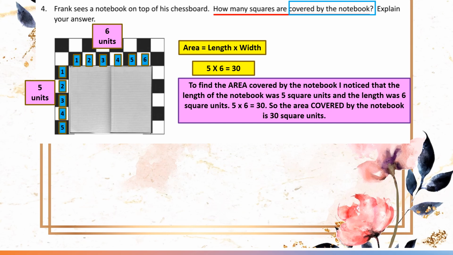So the area covered by the notebook is 30 square units. Now you may want to go ahead and pause the video to make sure that you have your numbers written out as well as your complete sentences to write your answer in words. Make sure all that's written out on your homework. So make sure you can pause the video and do that now.